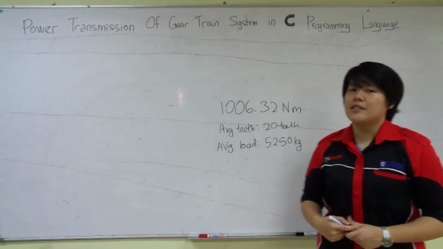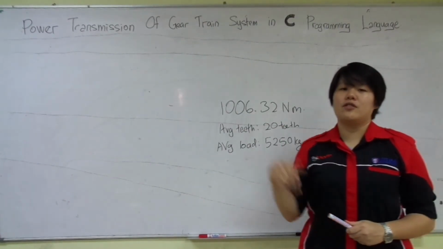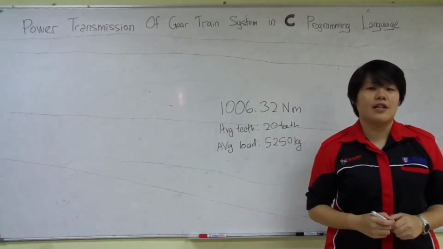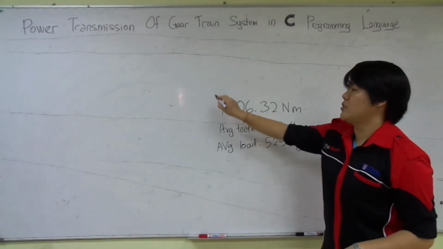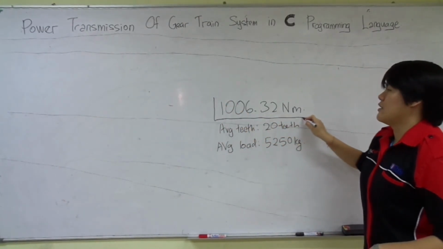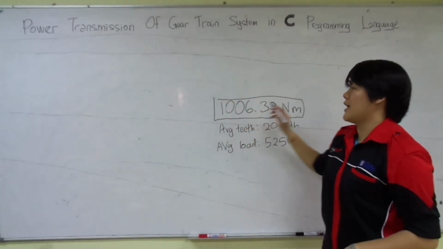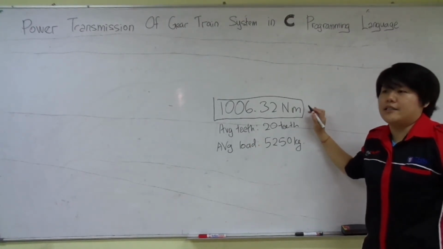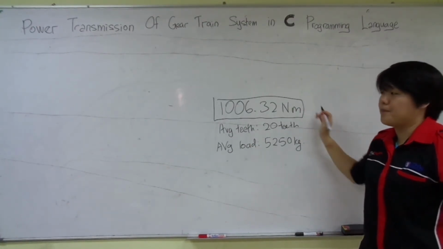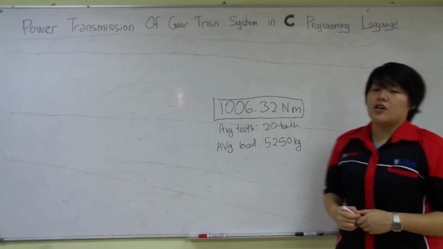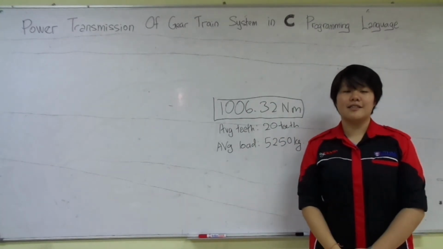So based on those 2 functions and also the program code of over 150 lines I have written, I managed to solve the total torque required by the system, which is exactly the same as the example I've used for this project. So that is all from me for this presentation. Thank you very much.